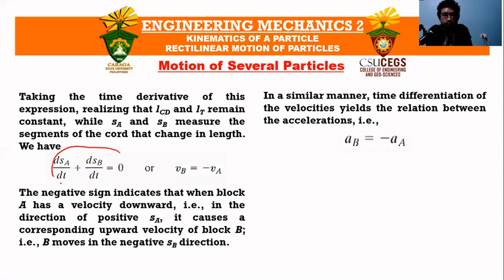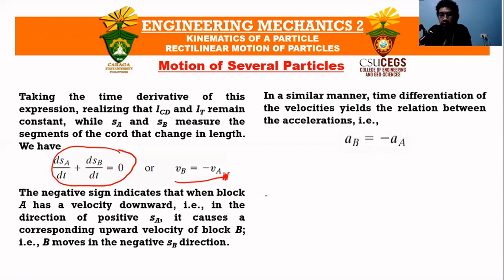That is, we differentiate the position with respect to time, and it becomes the velocity. The negative sign indicates that when block A has a velocity downward in the direction of positive SA, it will cause a corresponding upward velocity of block B, while if block B moves in the negative SB direction, the opposite holds.